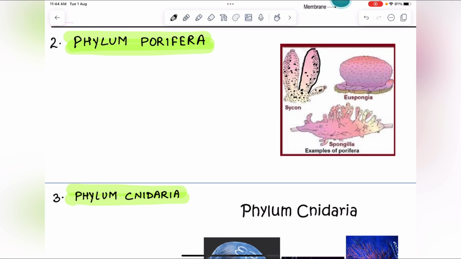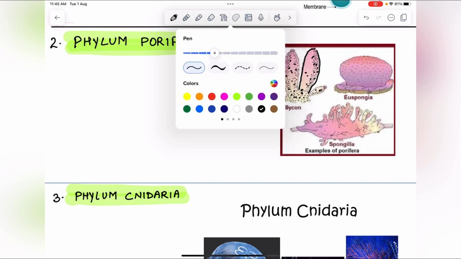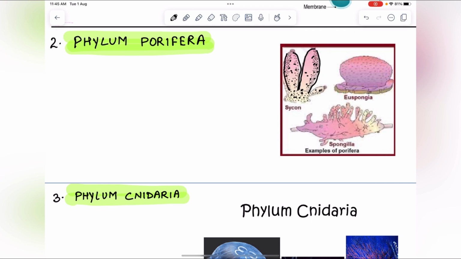Sycon and Spongilla are examples of Porifera. These pores are called ostia, and they open into a canal system. Water and food are taken through these pores, and there is only one opening to move out, called osculum.